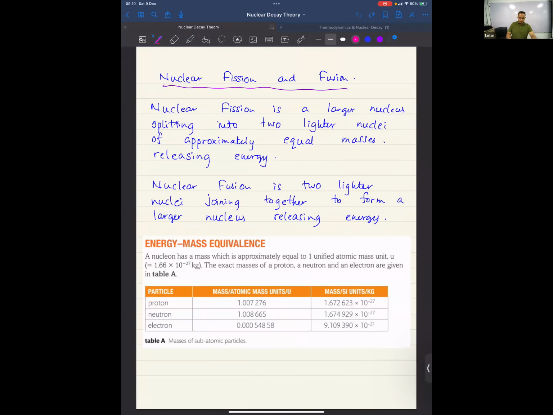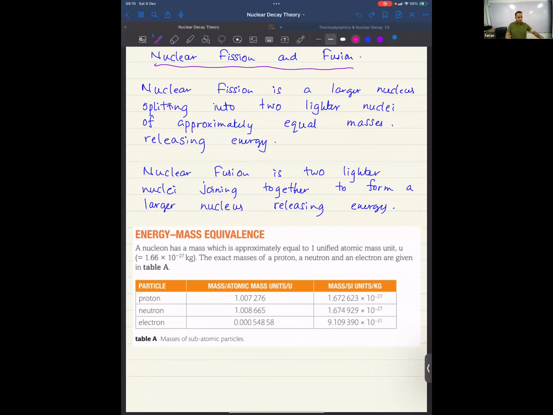Guys, then write down the next subtopic. Energy mass equivalence.